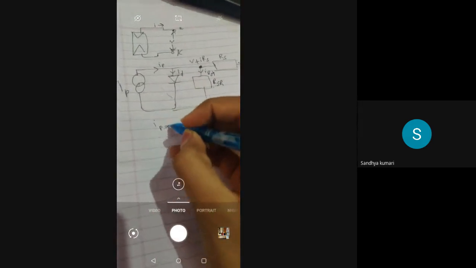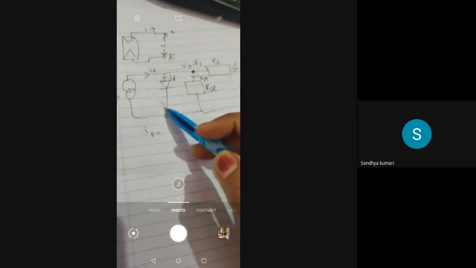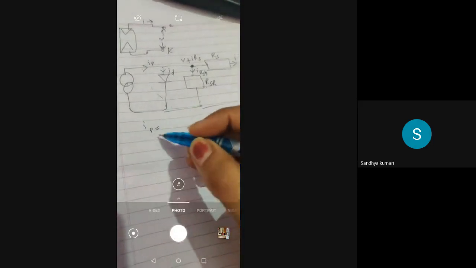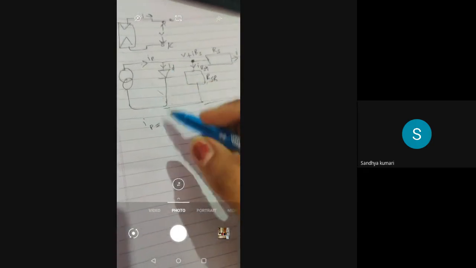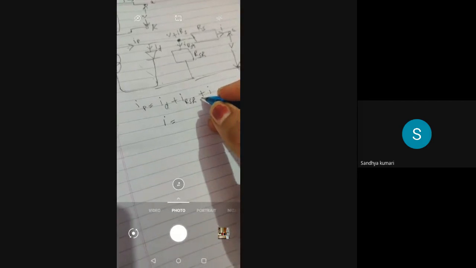IP will be divided into ID and IRSH. As per the nodal equation for the current, like the current division law, the current gets divided here, so you can write IP equals ID plus IRSH plus I. So from here you can write the equation of I. I will be IP minus ID minus IRSH.